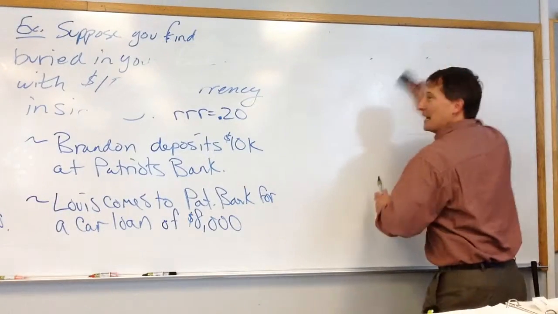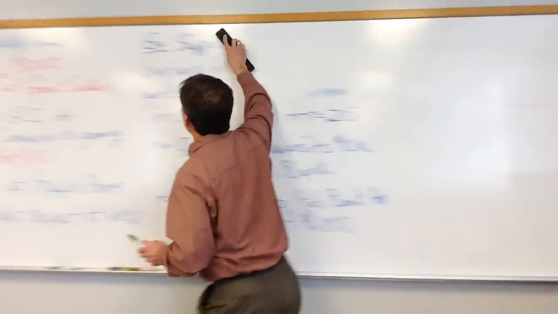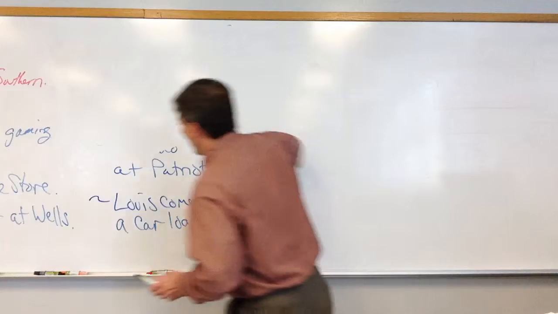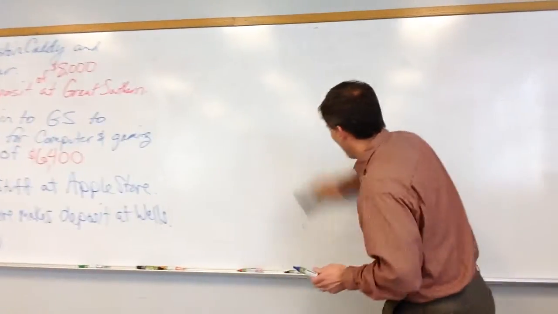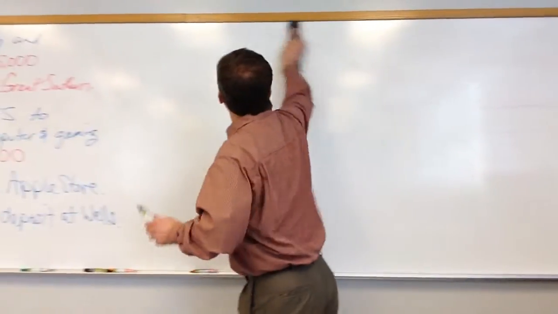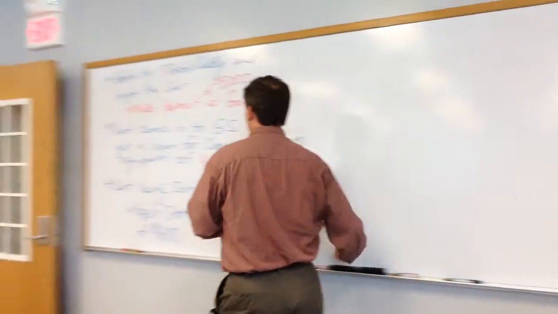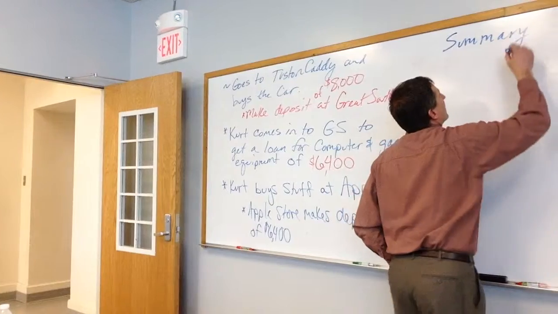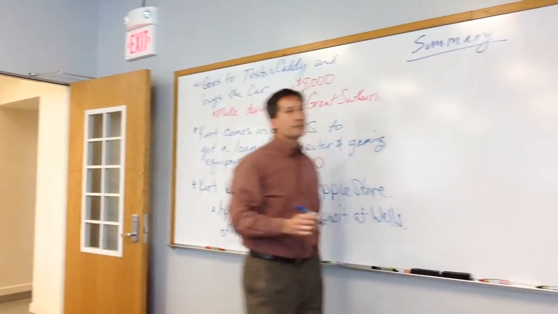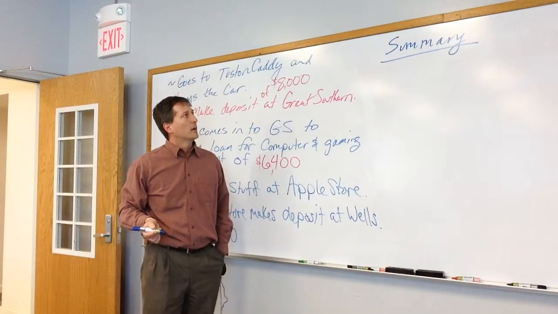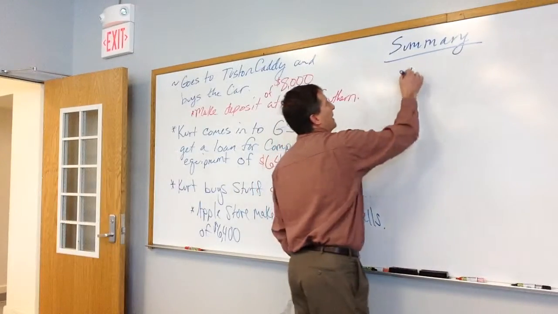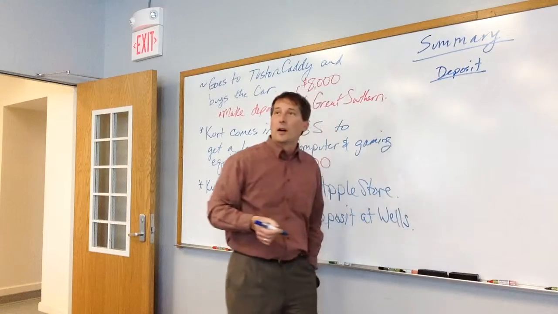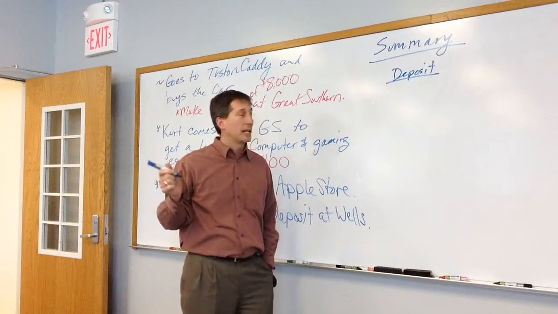I want to summarize it in table form a little bit better so that we can think about what's going on in the economy with all these transactions. So, summary. We started off this mess with a deposit of how much? 10,000.